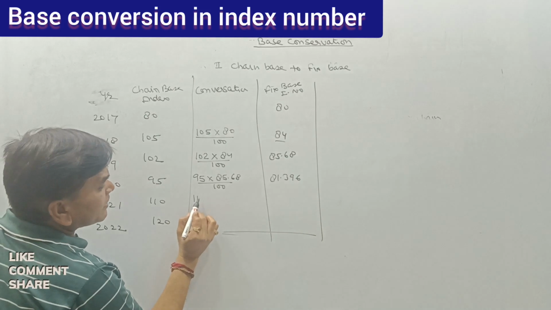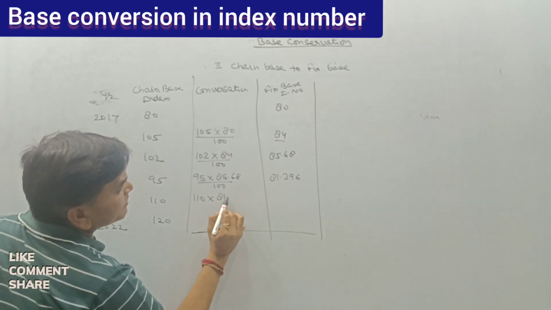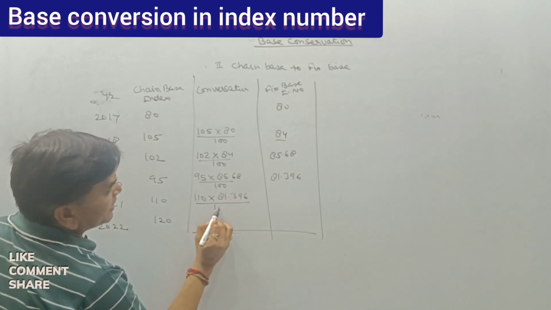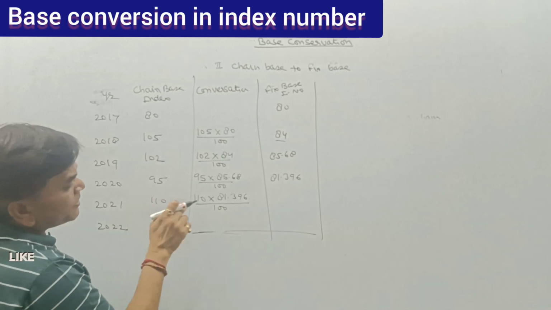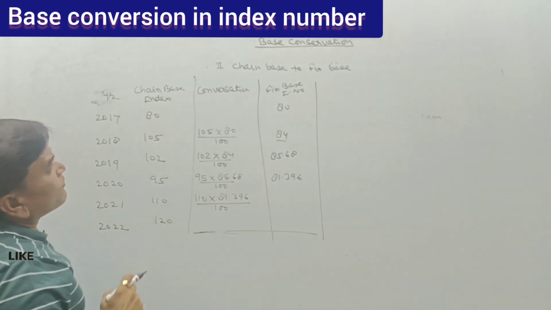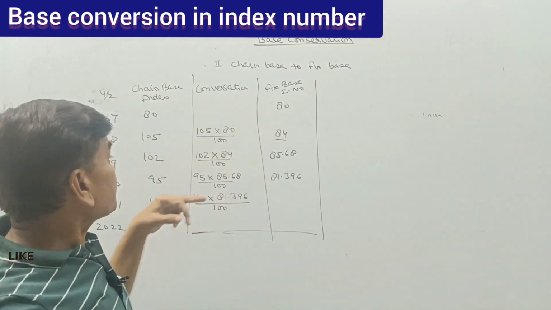Similarly, current year chain base index number multiplied by previous year fixed base index number divided by 100. Sorry, I am saying this is the first one; the chain base index number is 80, so there will be 80.